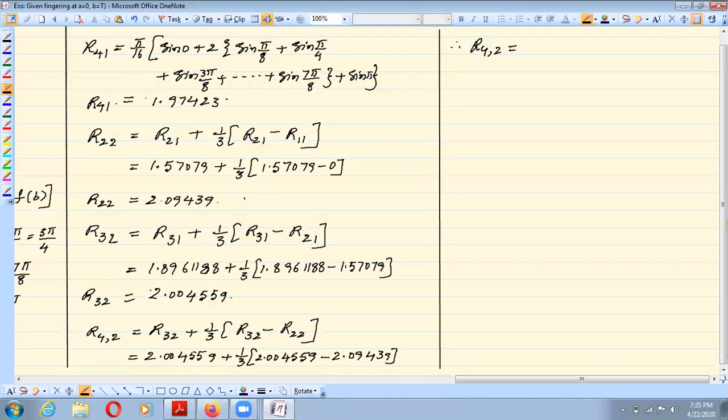Next, we can simplify R42 like this in this formula. R42 becomes, and this one simplification. This formula will be R41, R31.